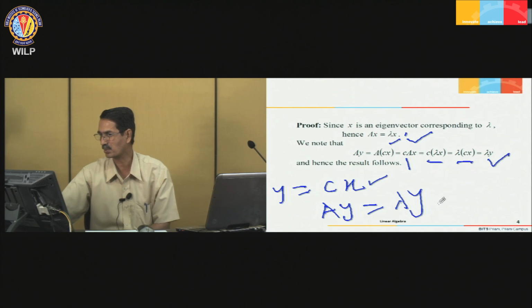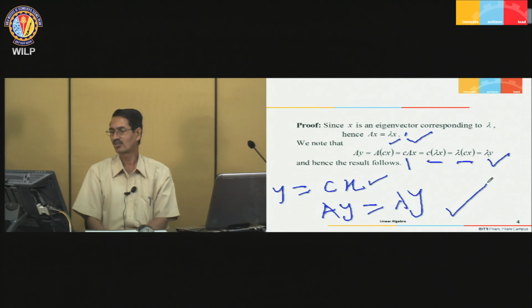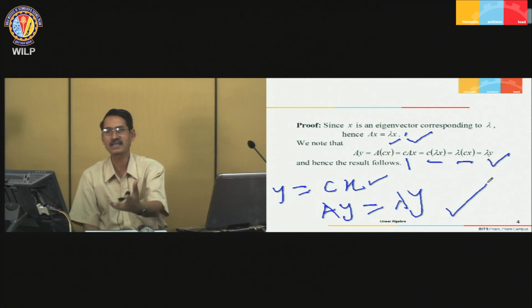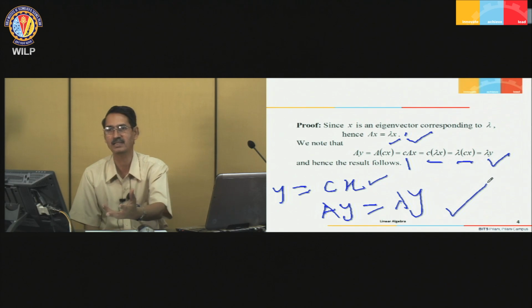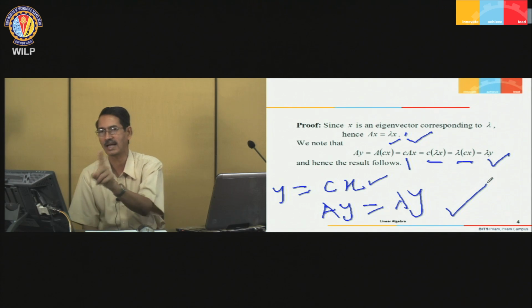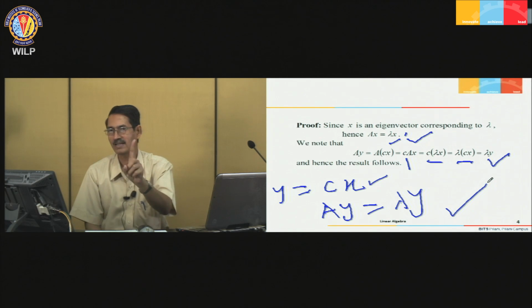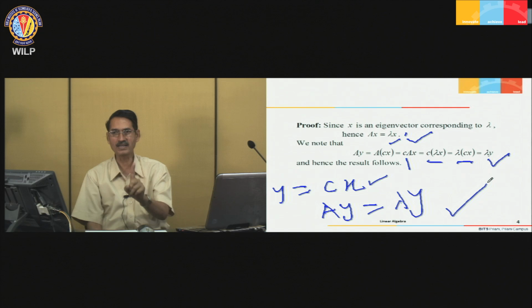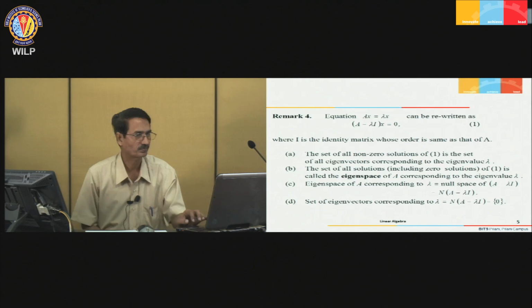So, we have proved that A y is equal to lambda y. Therefore, A y equal to lambda y implies that y is also an eigenvector of the matrix A corresponding to the eigenvalue lambda, and y is your cx, where c is non-zero. So, this shows that for one eigenvalue we will have an infinite number of eigenvectors.